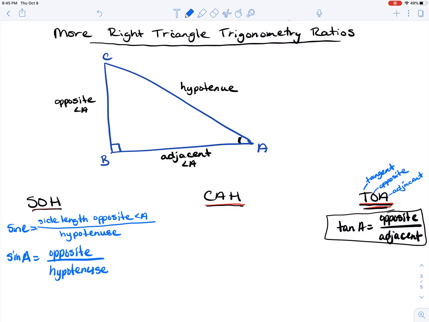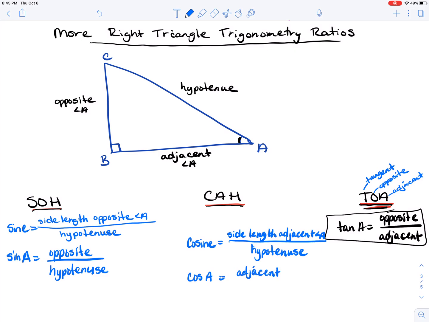The C stands for cosine ratio, and it equals the side length adjacent to angle A divided by hypotenuse. Or as we like to write it, cos A equals adjacent over hypotenuse.